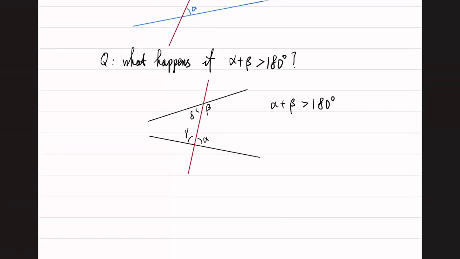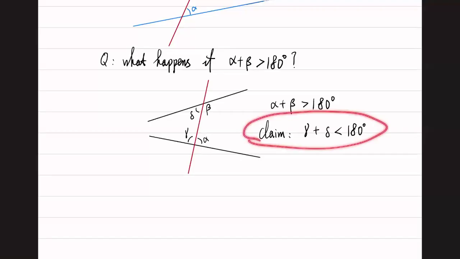I claim that gamma plus delta is less than 180. Okay, let's see how we verify this. Why is this true?